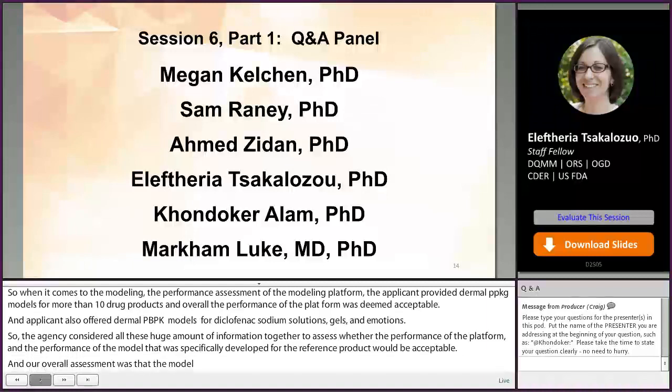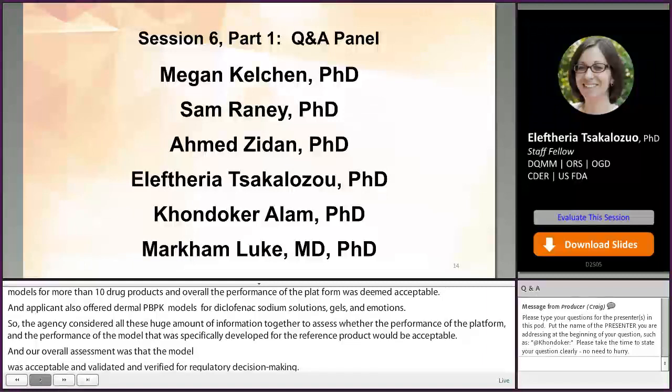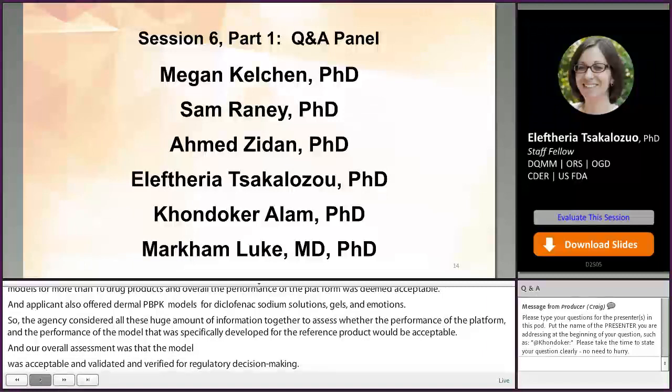Another important consideration when going over model validation in general is to consider trial-to-trial variability that we often see when we are looking at PK data from different sources.